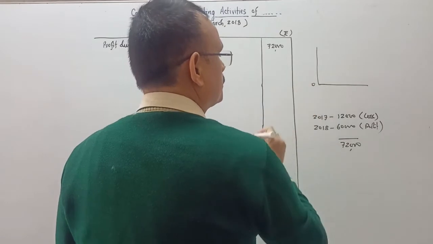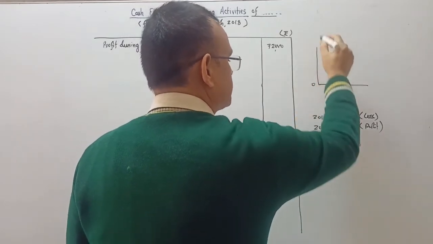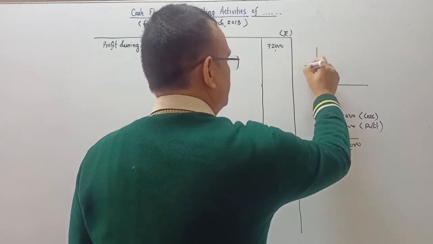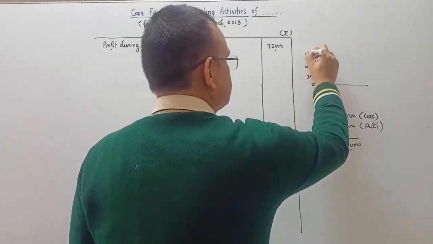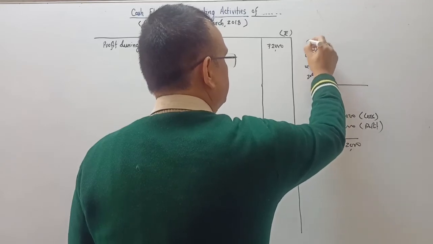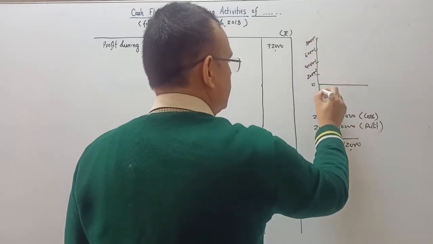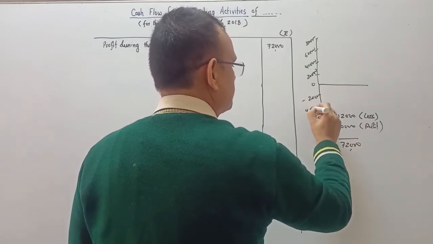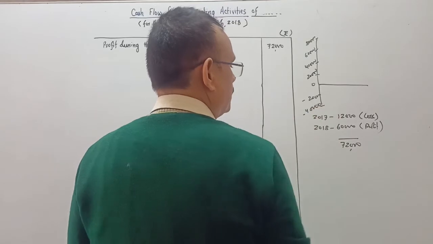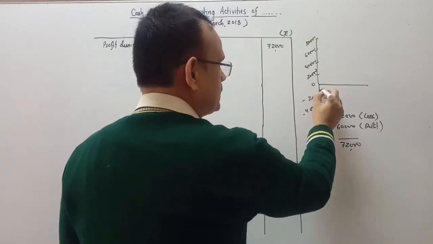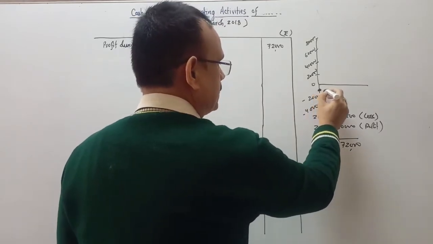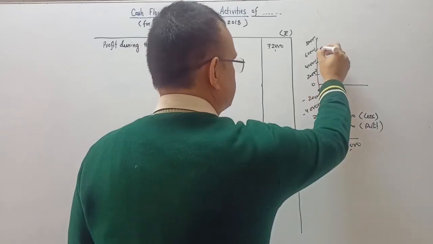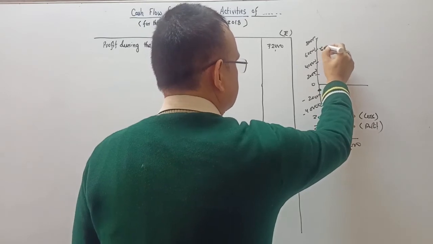This is 0, this side is plus, 20,000, 40, 60, 80, and this side is minus. Last year's loss of 12,000 is here, and this year's profit is 60,000.